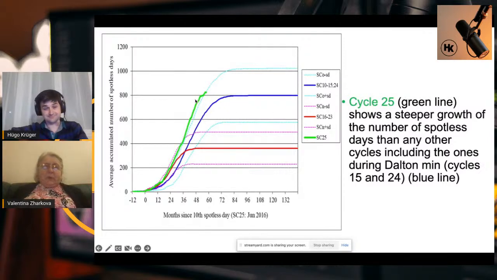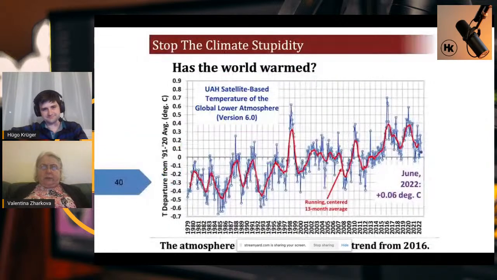The number of spotless days increases in cycle 25 compared to cycles 10 and 24. They had the Dalton minimum, so they had the highest increase, but cycle 25 is much higher, so it shows that it is probably a Grand Solar Minimum, similar to the Maunder Minimum. And this is taken from the official site of the Royal Belgian Observatory. It is not my observation, it is the official one.